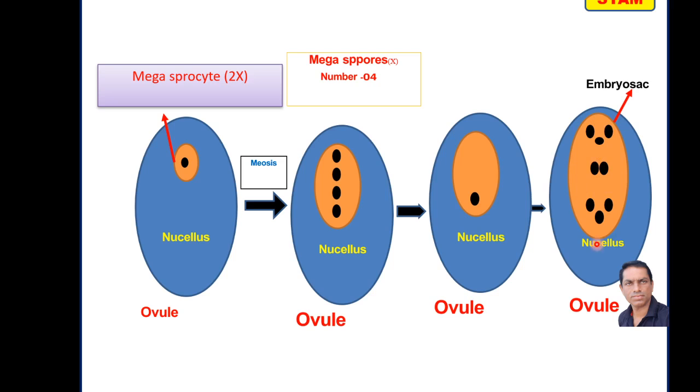This is the final structure of the embryo sac. This embryo sac is developed from these megaspores. Out of 4, 3 degenerate and only 1 is functional. This functional megaspore produces the embryo sac. It is called monosporic.